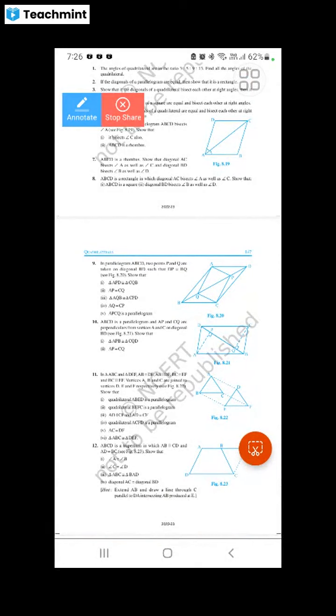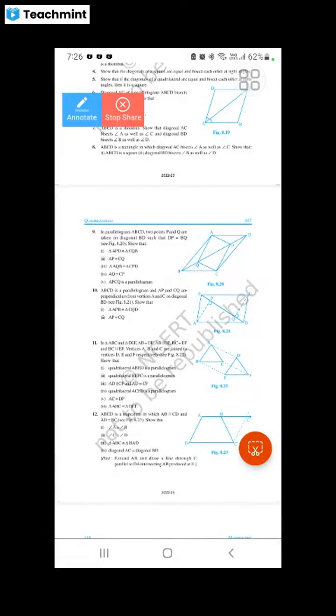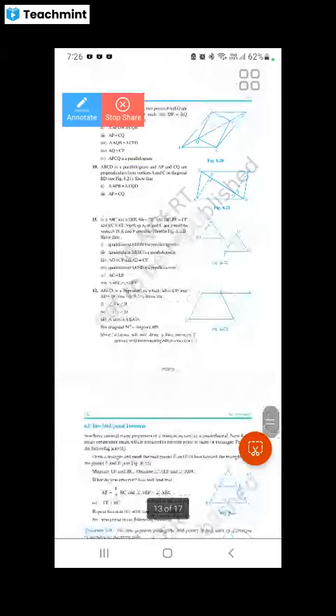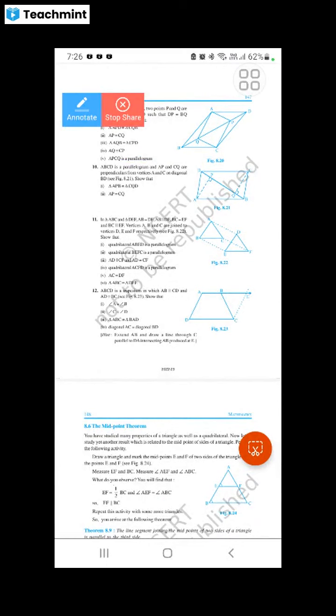11, 12. In triangle ABC, DEF, AB is equal to DE and AB is parallel to DE, BC is equal to EF and BC is parallel to EF.